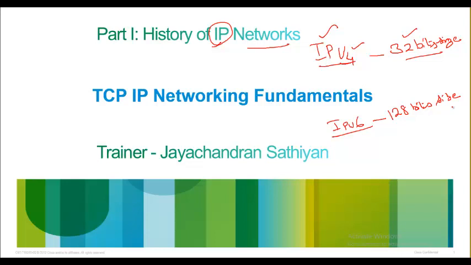An IP address is an address that helps to identify a device. Currently, we have two versions of IP address. One is version 4, another one is version 6. IP version 4 is 32-bit size. IP version 6 is 128-bit size.